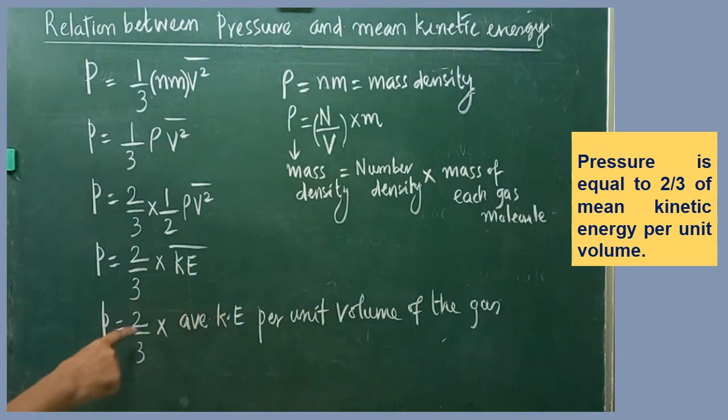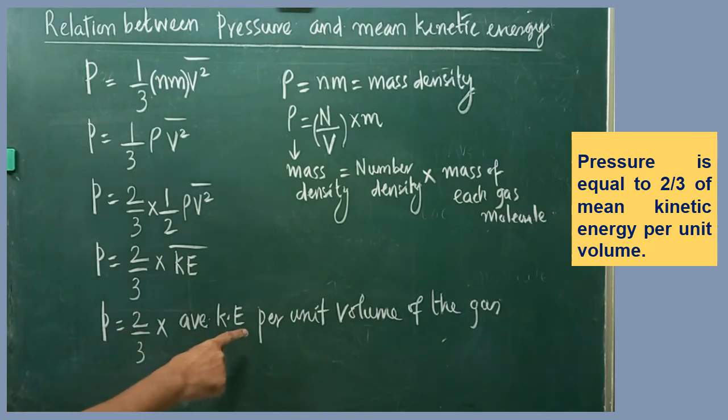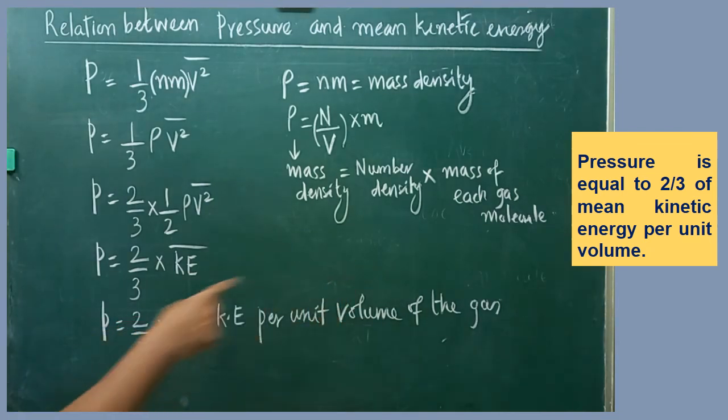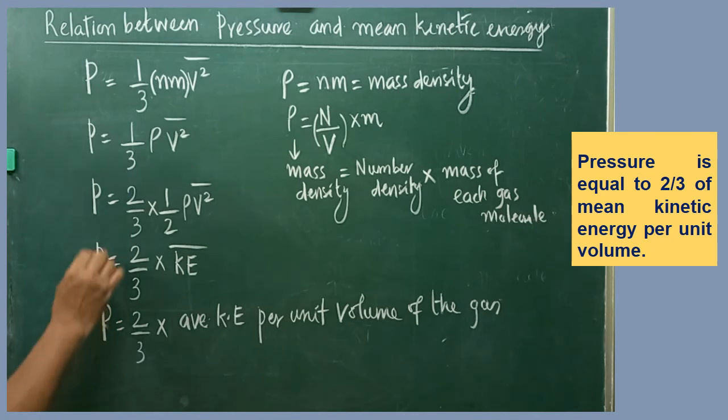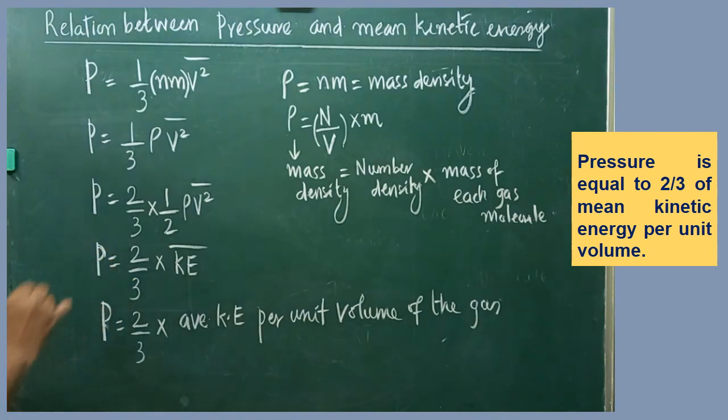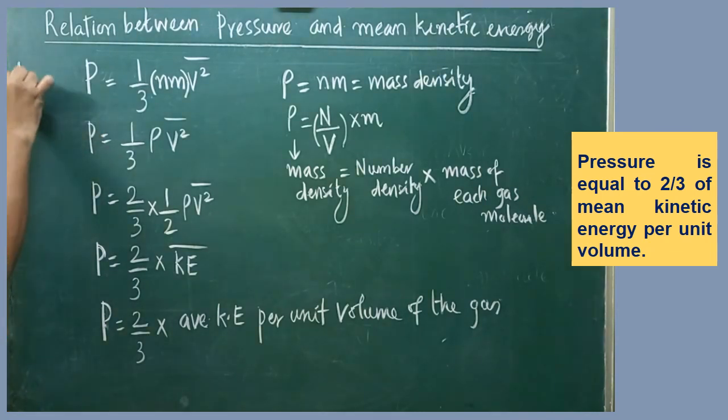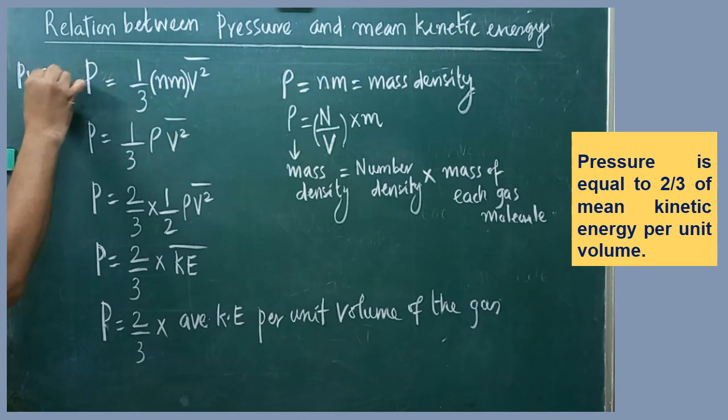How many times? 2/3 of the average kinetic energy per unit volume of the gas. That gives you the pressure. Capital P must be written. Are you clear? Don't forget. So that is the expression for pressure of the gas.